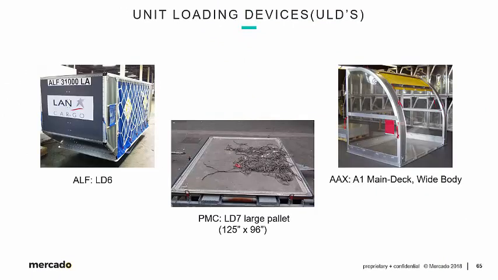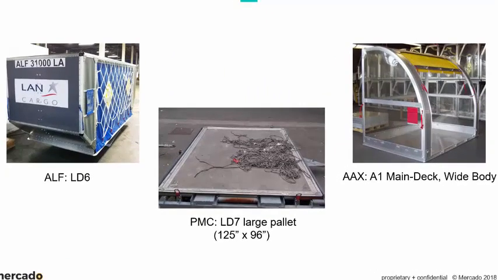Here are 3 examples of other ULDs, some of the larger ones actually. On the left-hand side, it's an ALF LD6. We can see that it's contoured to an aircraft. We can see its identifier in the upper left-hand side. Of course, the name of the airline, that's pretty clear too. This ULD is handy because whereas it is indeed an enclosed metal frame, we can see on the right-hand side what is basically blue canvas and cargo nets.